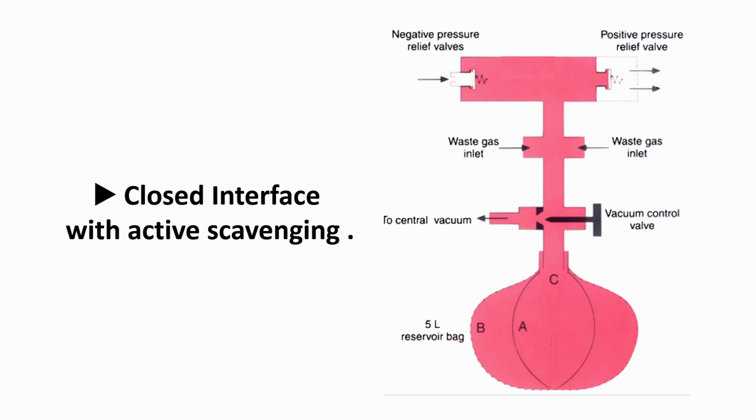Don't use the device or the system till you repair it. So this is the main function of this bag. The interface is very important, and you should know the difference between the open and the closed interface, and which one can use the active and which one uses the passive scavenging system.